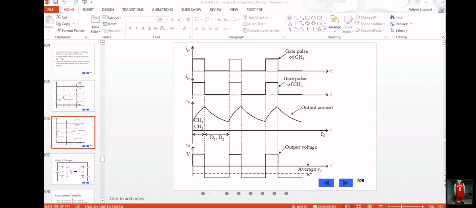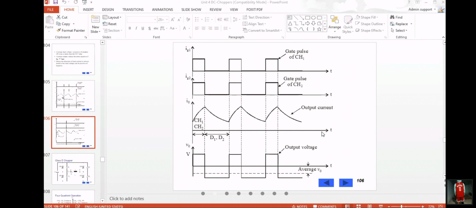But sir, one doubt. Regarding last time, almost at the beginning, sir talked about this chopper circuit and the use of capacitor. Sir mentioned that the use of capacitor is to increase the output.